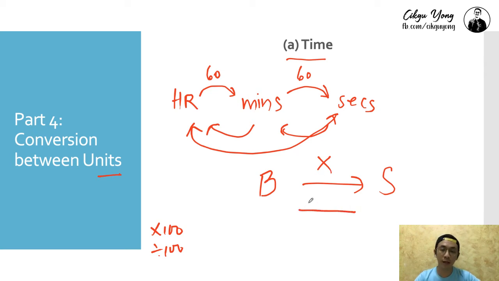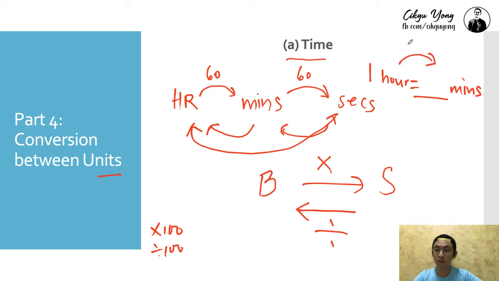From smaller unit back to bigger unit, it is the reverse, which is division. That is why when we have 1 hour and you have to change it to minutes, hour to minutes is a times and you have to use 60 as the standard number. So 1 hour times 60 minutes, you'll get 60 minutes. So this is how the working should be done.